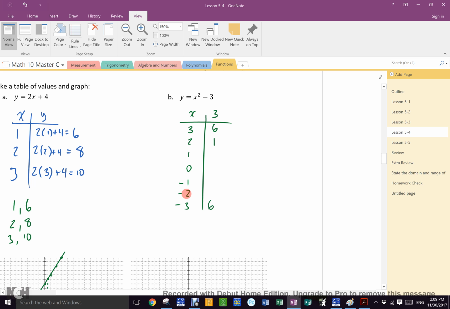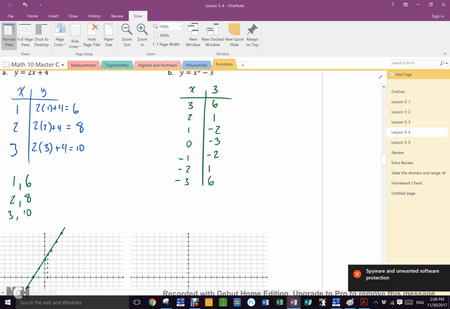What's -2 squared? 4. What's 4 minus 3? 1. What's 1 squared? 1 minus 3? -2. What's -1 squared, minus 3? What's 0 squared, minus 3? -3.